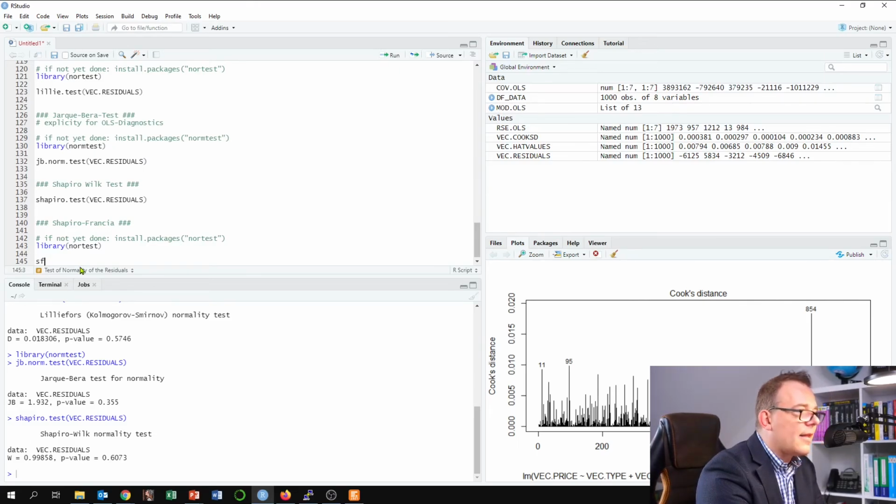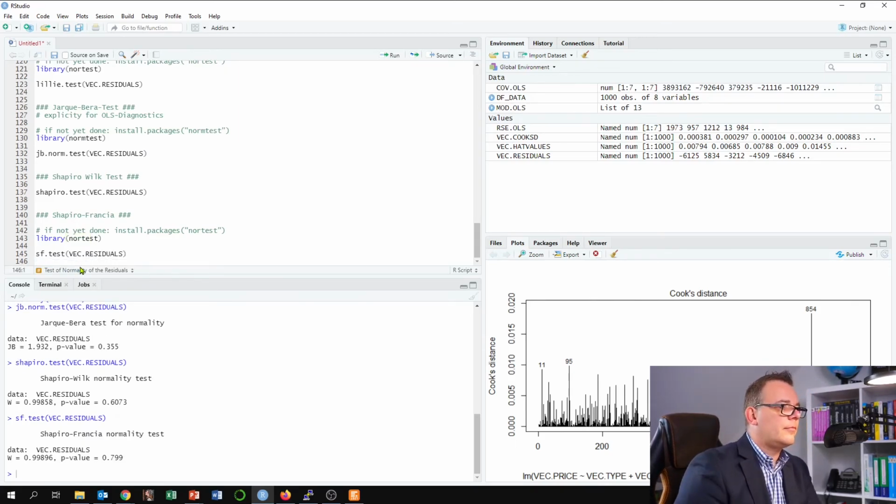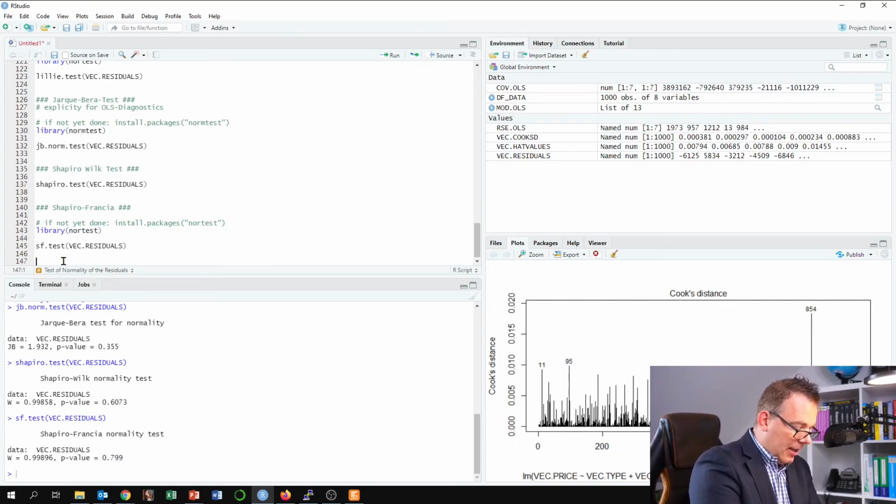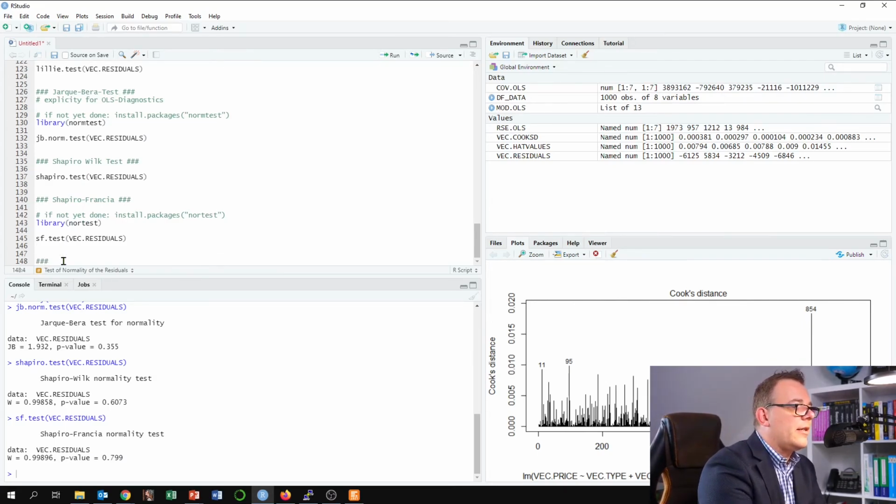And that's then the sf.test. So here's the Shapiro-Francia normality test, and the p-value is 0.79. Still stick with normality. Last but not least, I would like to introduce the Anderson-Darling test.